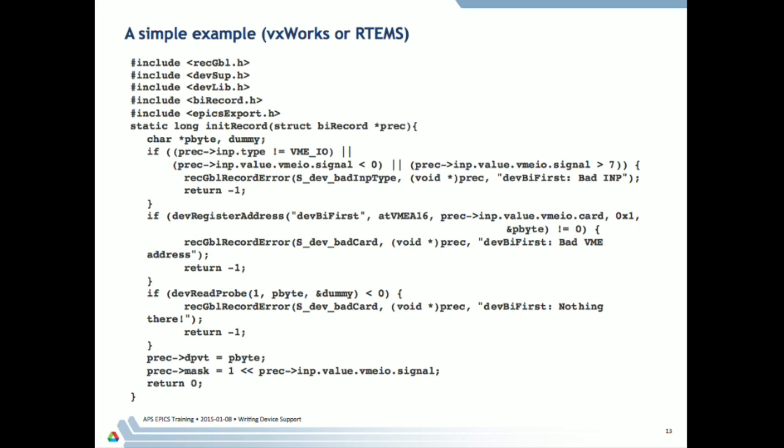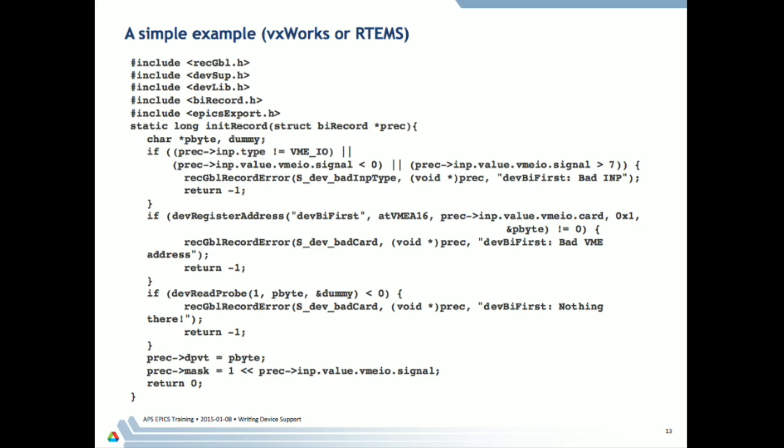It's an A16 address. We pull the card number out of that input field, and the next argument to dev register address is the length of this particular registration, and we give it somewhere to put a value. What's pbyte? Pbyte is a pointer for it to put a value into. We check that it returns OK, which gives us a mapping of our register into the CPU space.